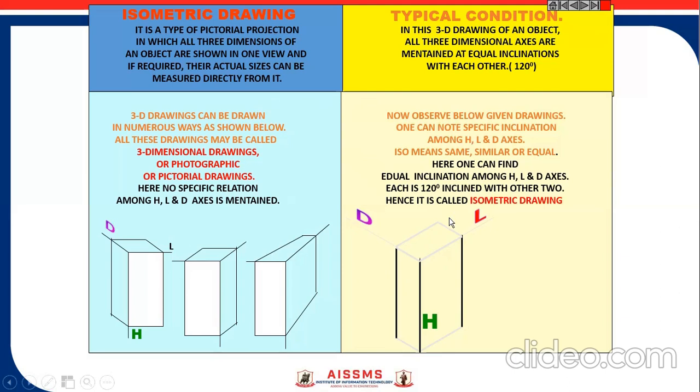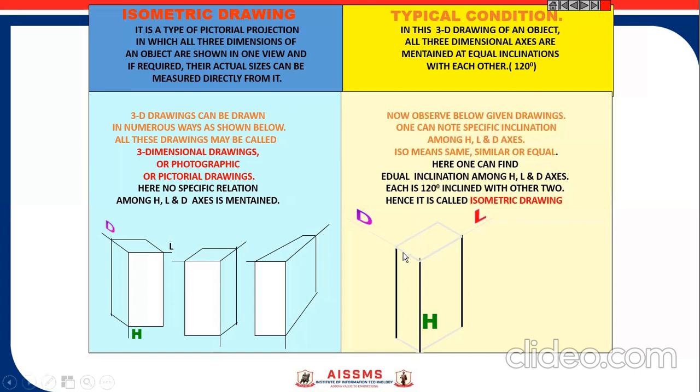If you are reducing the scale, it means the actual drawing is reduced relative to the measurement of the object, because if the object is too large, then we have to reduce it. But it has some proportion such as 1/2, or 1/4, or 1/3, depending on the size of the object.